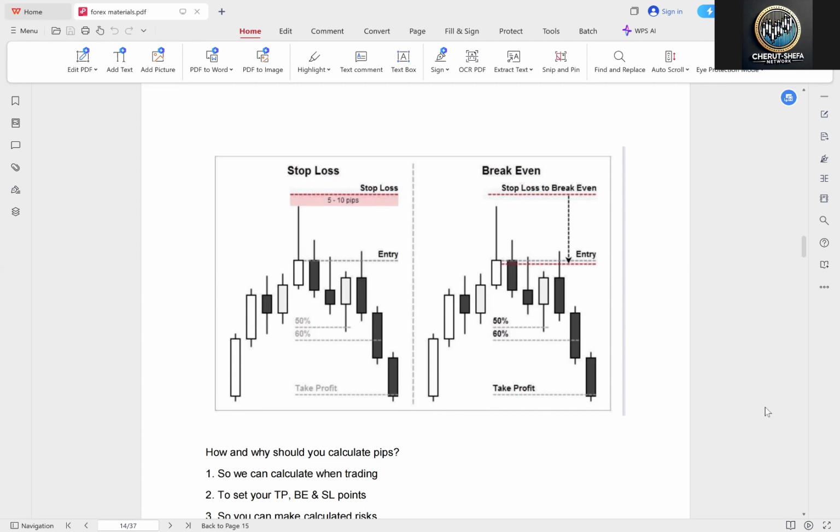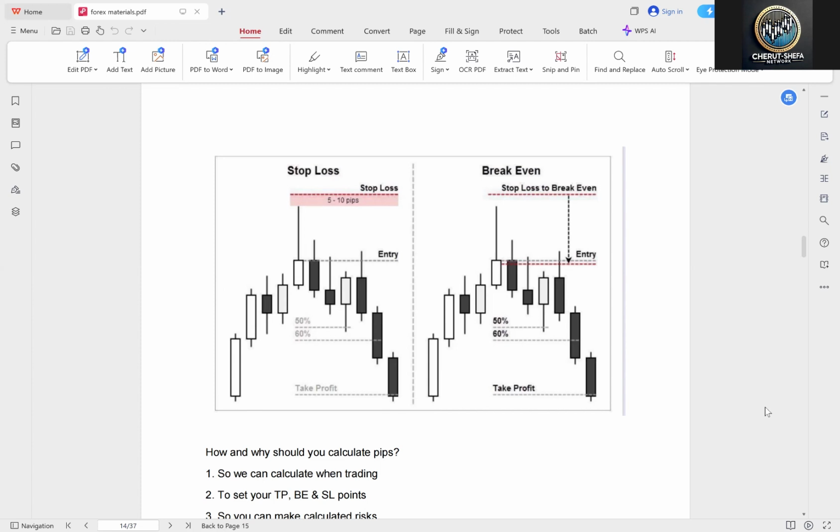A little bit of the price will move backward. Let's say it has moved 10 pips, and then it will do a little pullback, moving back to 5 pips. Then continue again back to 10 pips, then to 15 pips. It moves down again back to 10 pips, then continue again to 15 pips, then 20 pips.